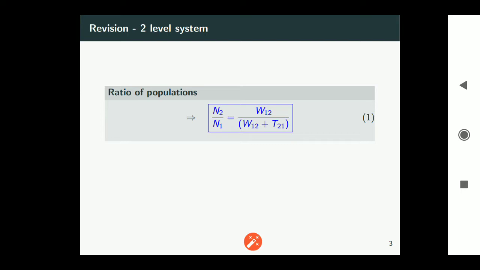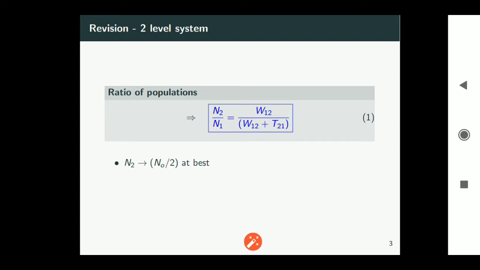However, this ratio N2 by N1 can be increased if you increase the radiation intensity, which is related to W12. Even with an increase of W12 to a very high value, at best N2 can approach only N0 by 2. This is still a condition less than population inversion.